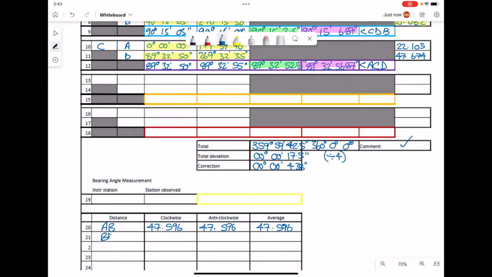Fill our values in. Work out the average, and we get the same value.